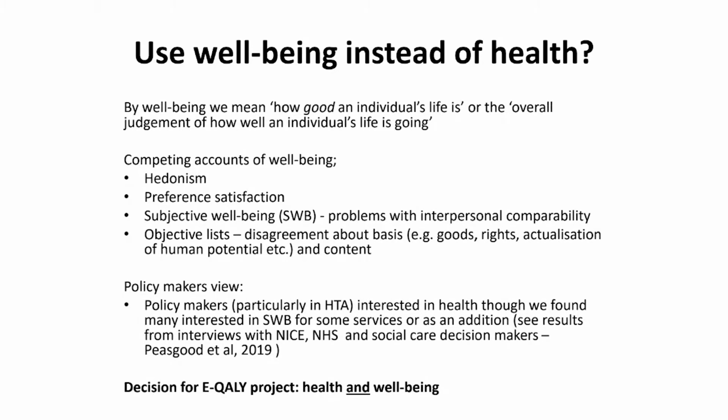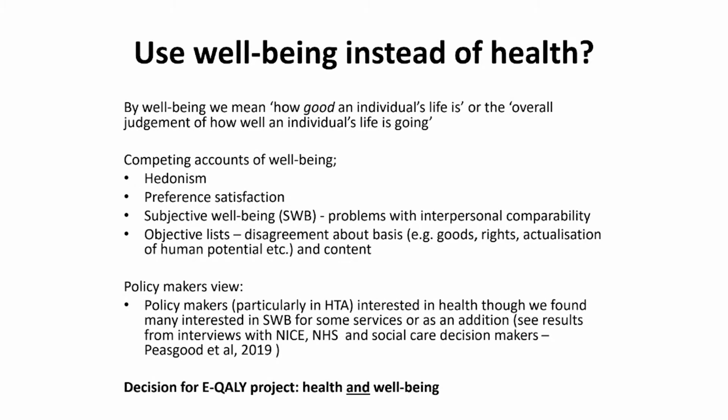But well-being has its problems. Although broadly we might say that well-being is how good an individual's life is, or how well an individual's life is going, there are different views on what this is, different accounts of well-being. So we have hedonism, which is very much focused on happiness and avoidance of displeasure.